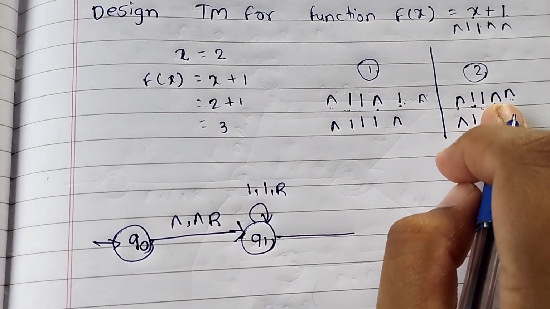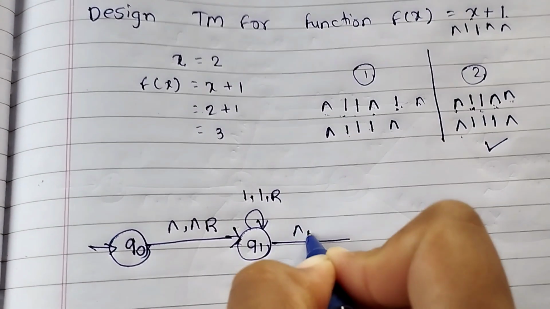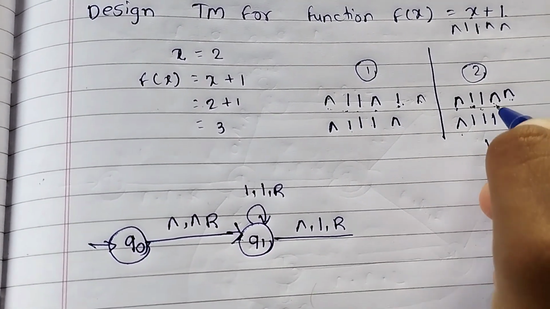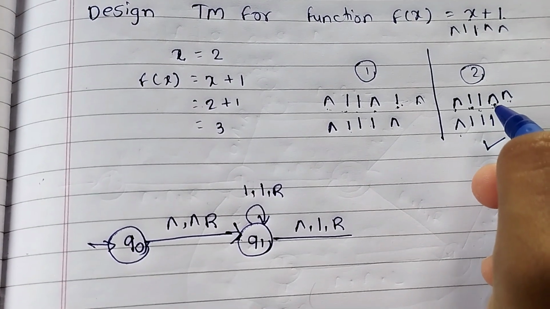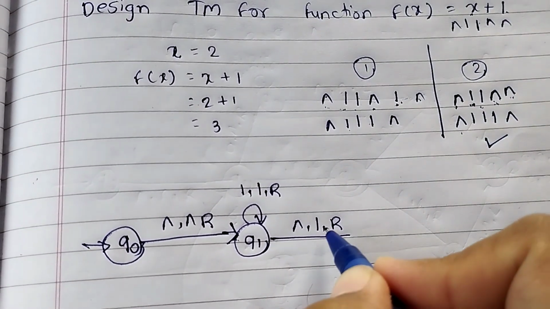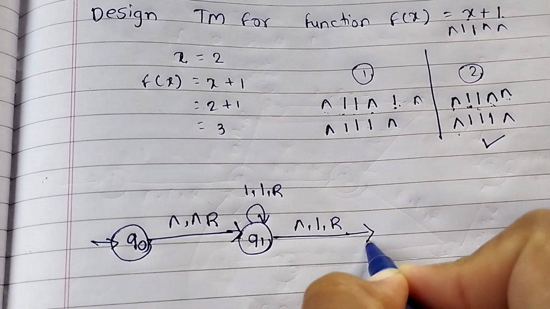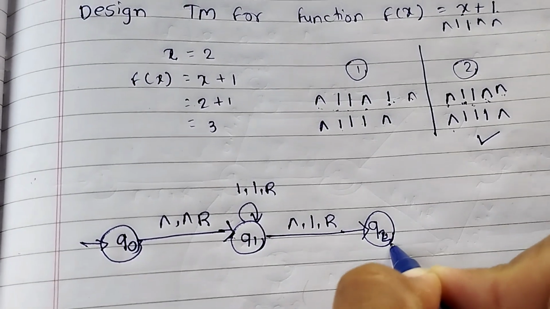When you read the null value, simply convert this null to 1 and move to the right side. So after completing all the ones, you read the null value, change it to 1 and move to the right, and directly we are now in the Q2 state.